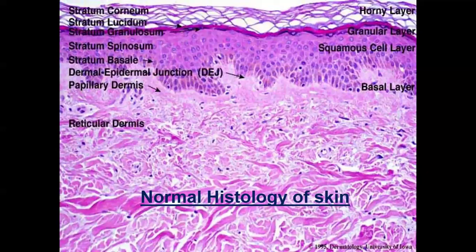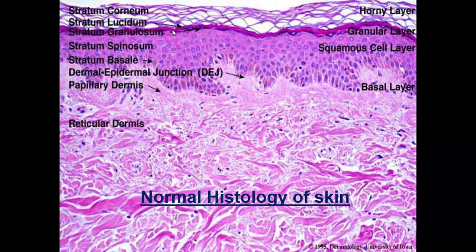Before I discuss the clinicopathological correlation, let's revise the basic histopathology. Starting from the stratum corneum, which is in the form of a basket weave in a normal epidermis. Then is the stratum lucidum, which is a dense layer present on palms and soles.